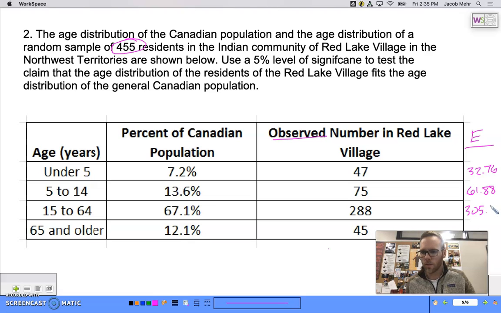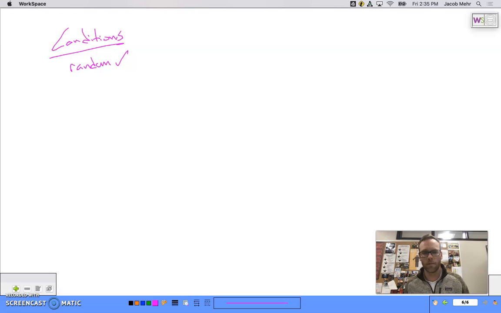That's interesting. I'll just write 31. And then 12.1% of the 455, 55.05. Round up to 0.6. All right. So now when we look at our conditions, all of these are greater than 5. So we have E greater than 5 met.